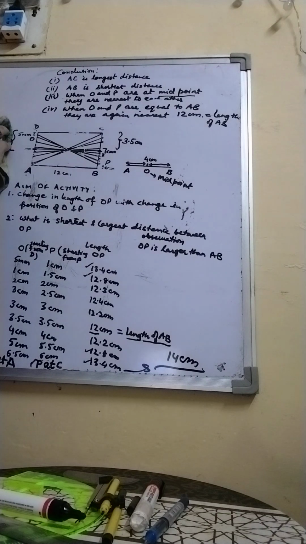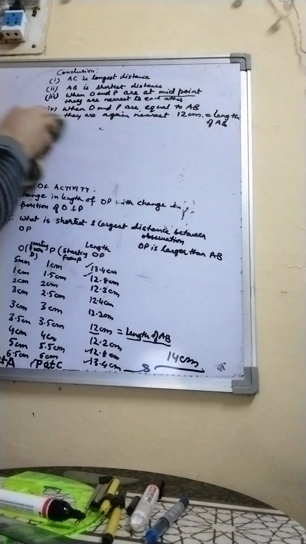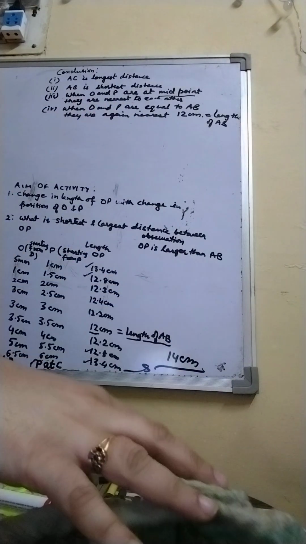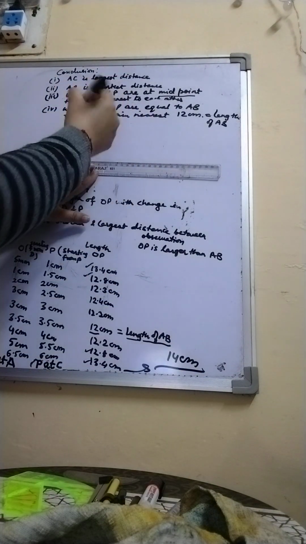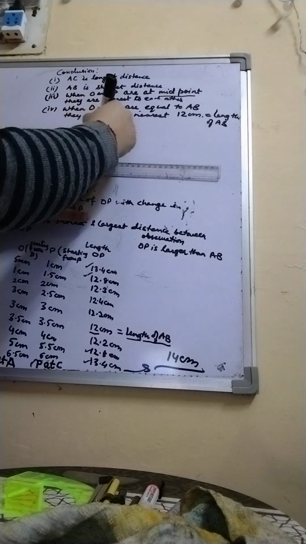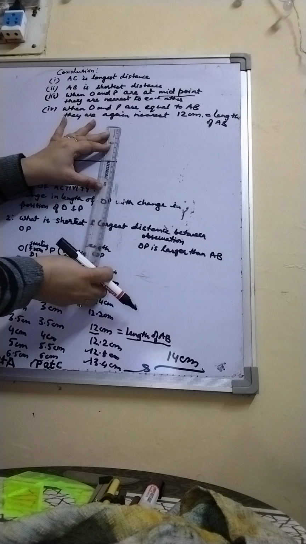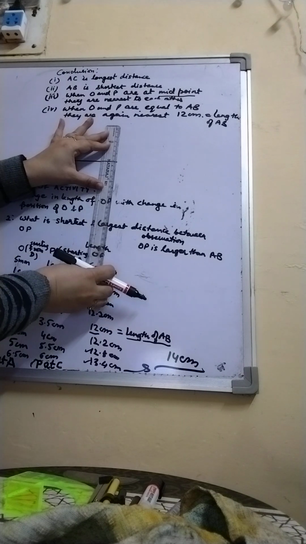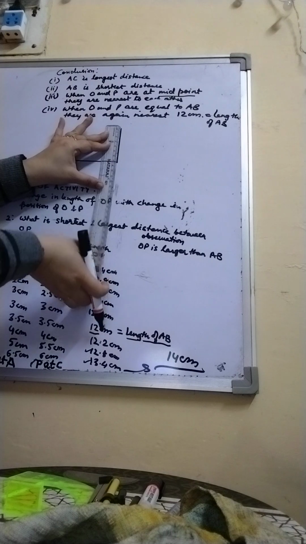Now we will do a smaller activity within this activity. Let's see what are our observation. We would again make a 12 centimeter length and a 7 centimeter breadth.